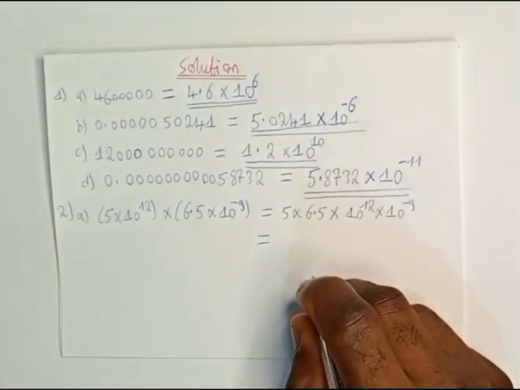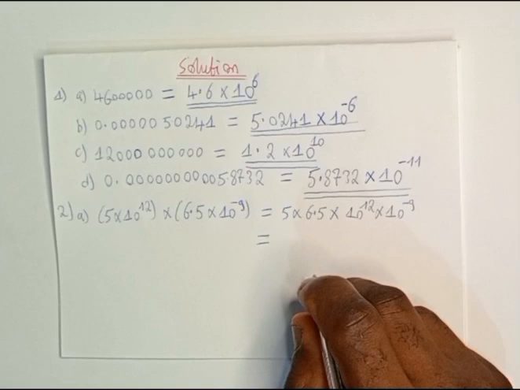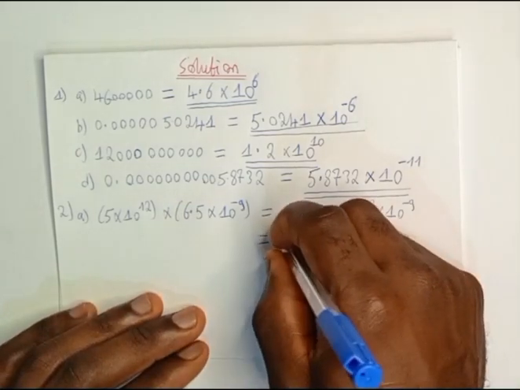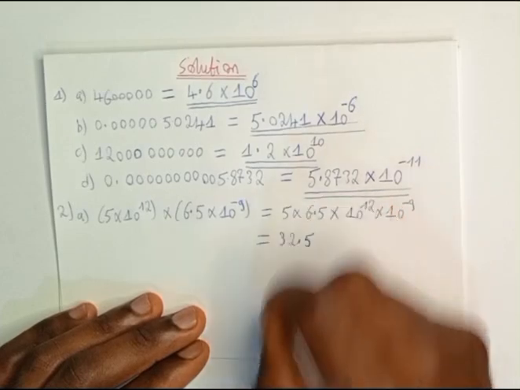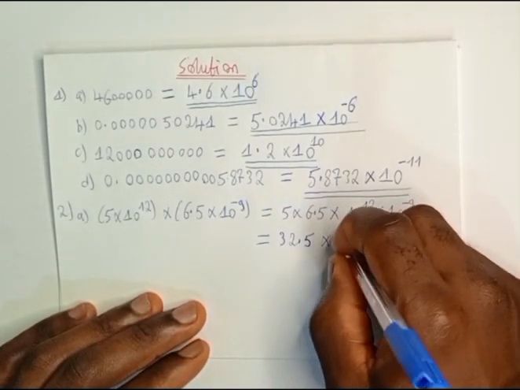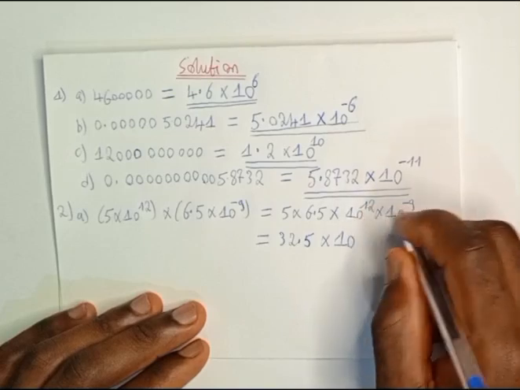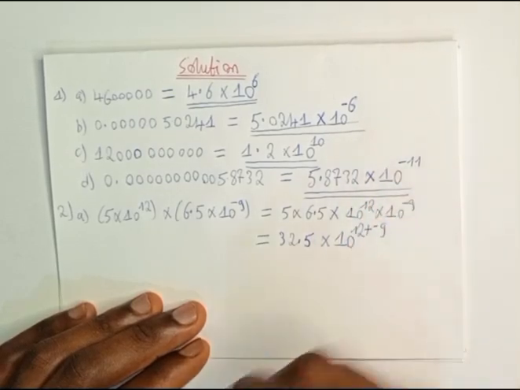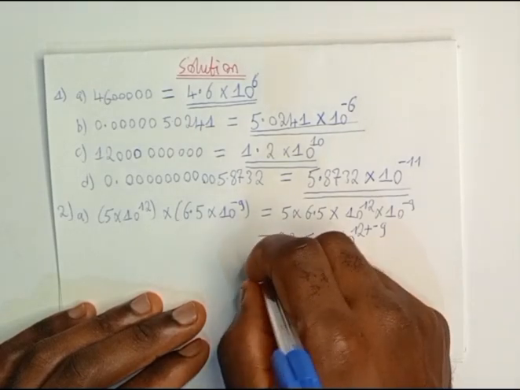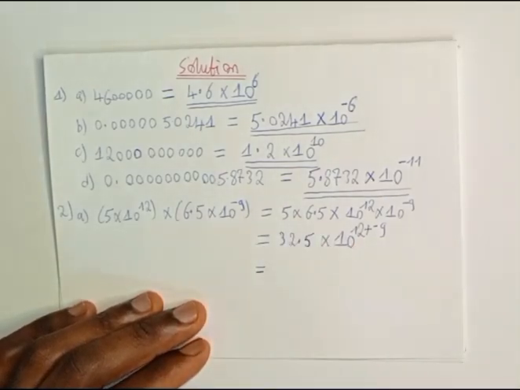And this will simply be equal to 5 times 6.5 gives us 32.5. You can see which is greater than 10 times 10 to the power 12 plus negative 9. This will simply be equal to, we need to express 32.5 in standard form.